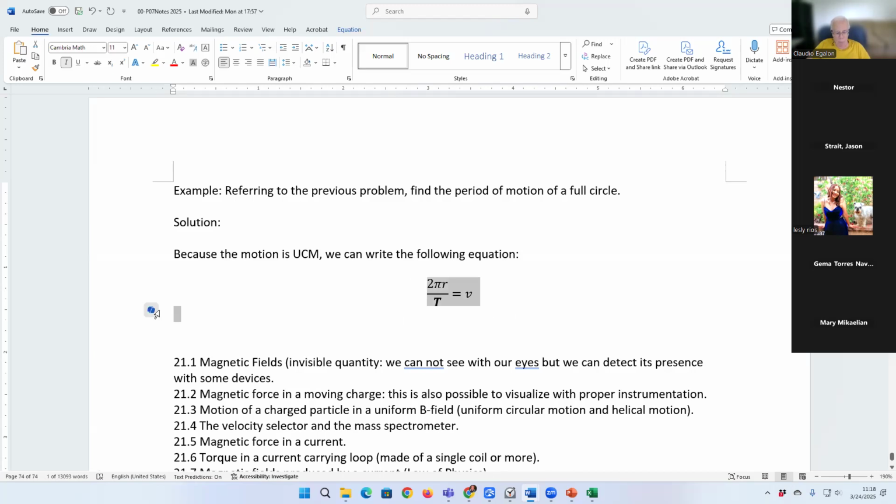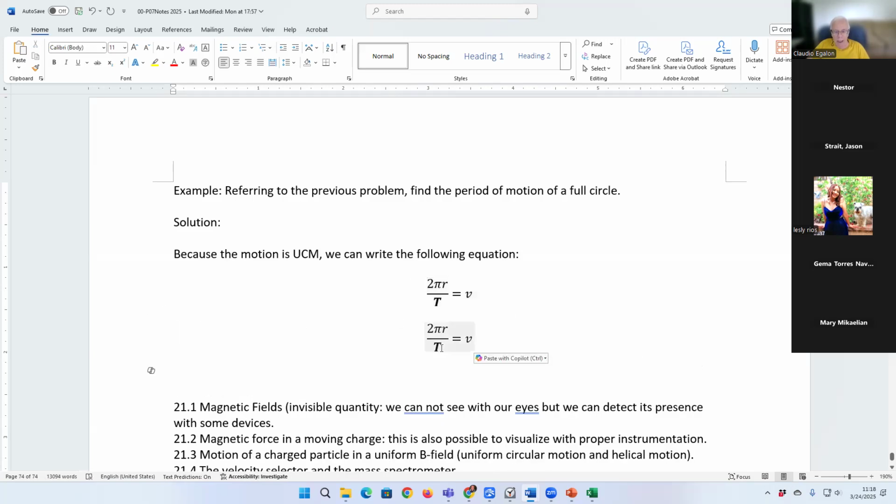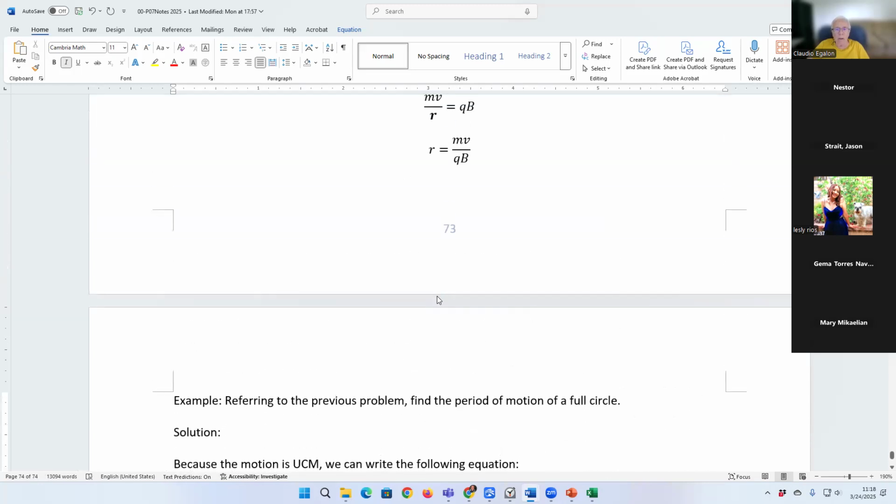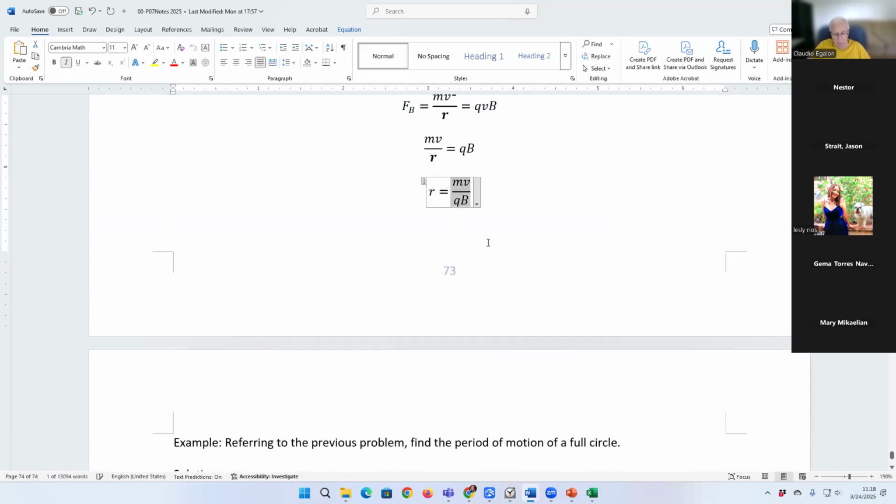And we can here write our period. You go in the right side. I don't need that. And I can do one more thing here. I can replace R with the previous equation that we got right in here.